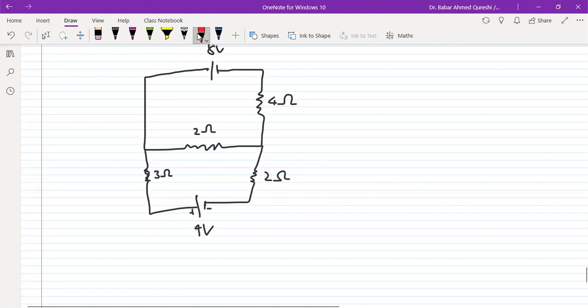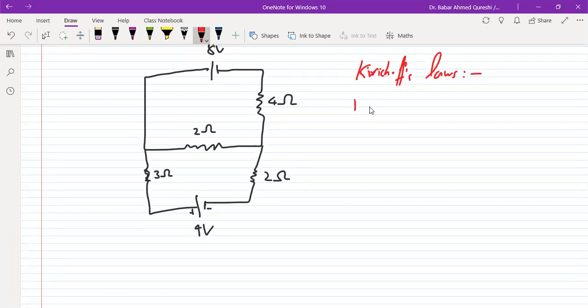Now, there are two laws of circuit analysis called Kirchhoff's laws. So what these laws say is the following. You have certain currents going in, like the traffic example we did.